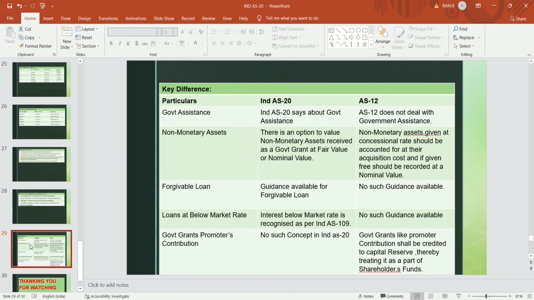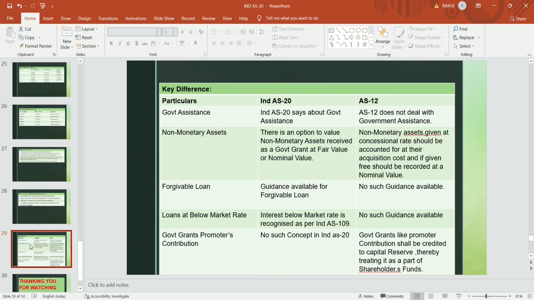Now there is a difference. What are the differences between Ind AS 20 and AS 12? AS 12 is Accounting Standard 12, that is the old version, and Ind AS 20. What is the difference? Government assistance. Government assistance is the new topic, which Ind AS 20 alone deals with.